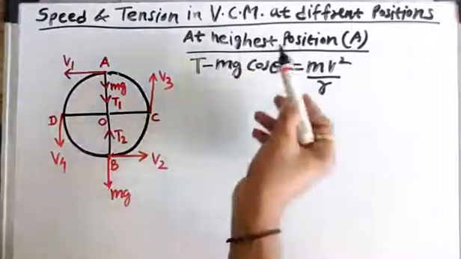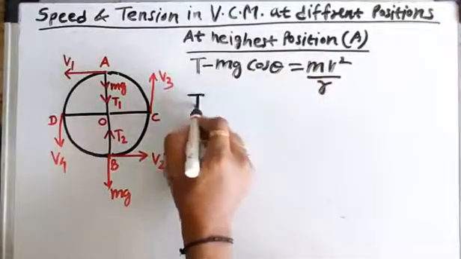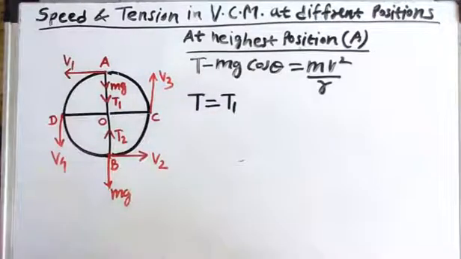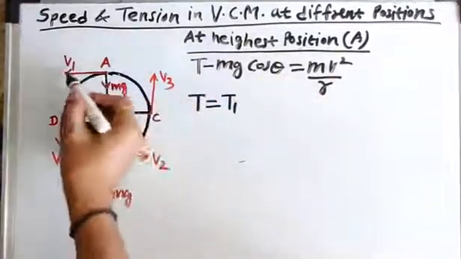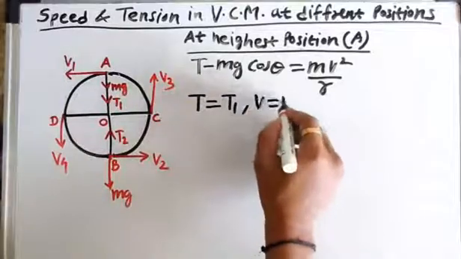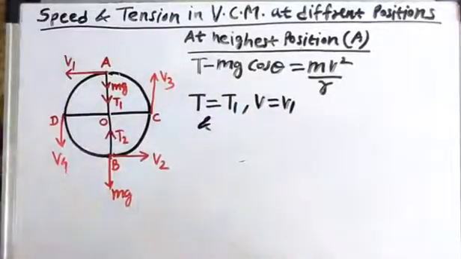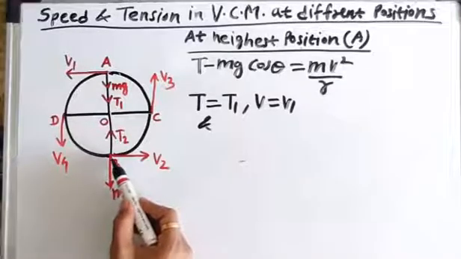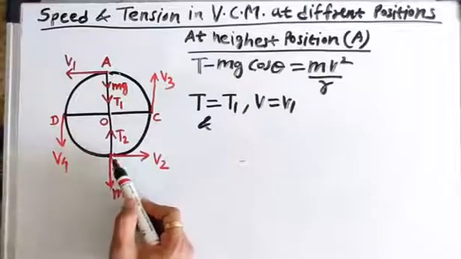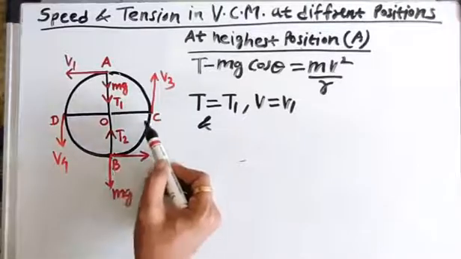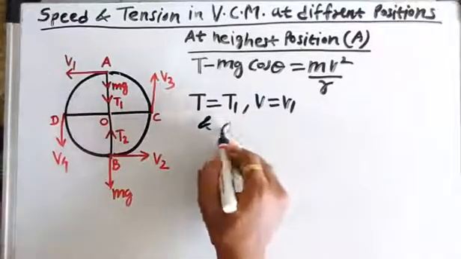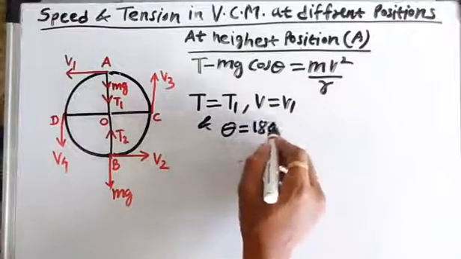For the highest position, T is T1 and V is V1. In VCM we assume the particle starts from the lowest position B, then moves from B to C to A, so it makes an angle of 180 degrees. Therefore theta is equal to 180 degrees.